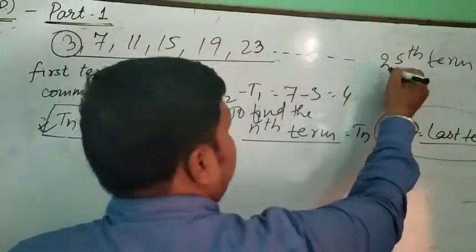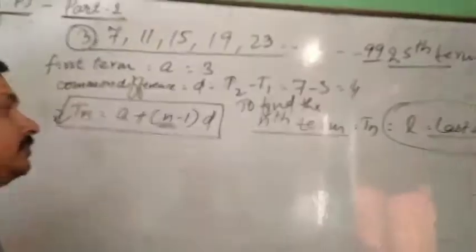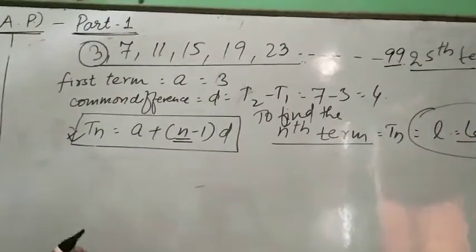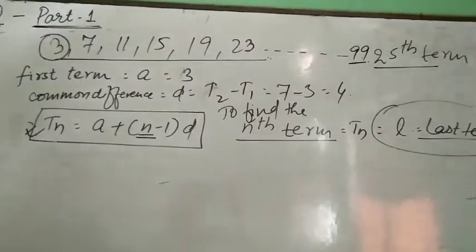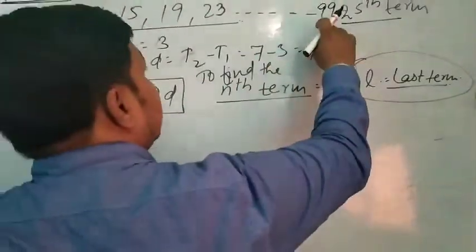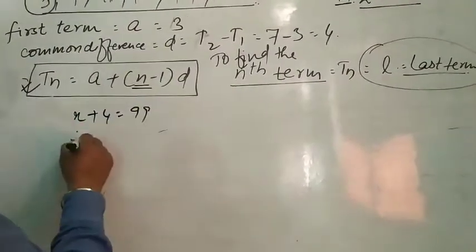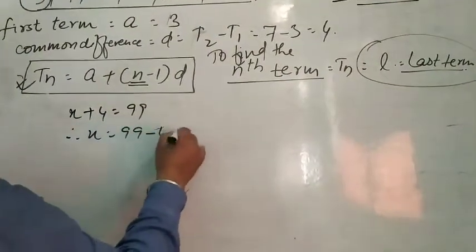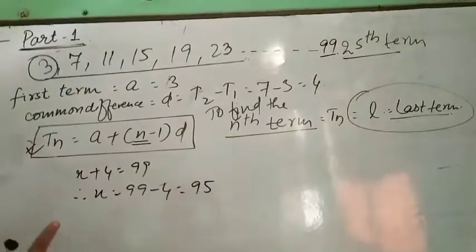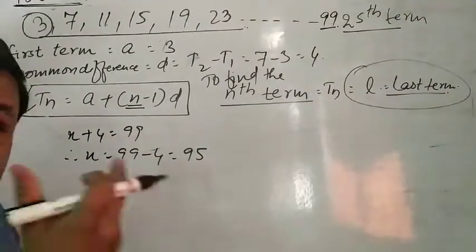Here we find the 25th term equal to 99. If we have to find out the 24th term, then x plus 4 equals 99, that means x equals 99 minus 4, that is 95. Here you see that your difference must be subtracted from the last term.